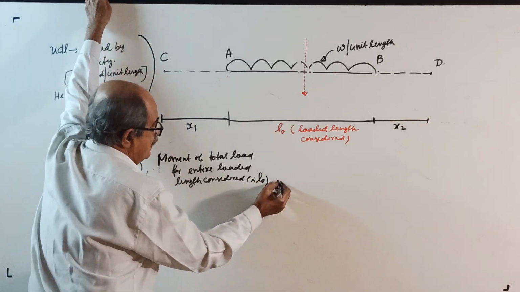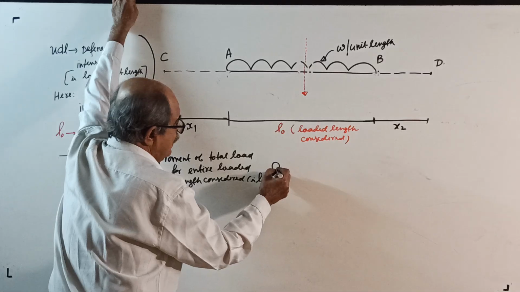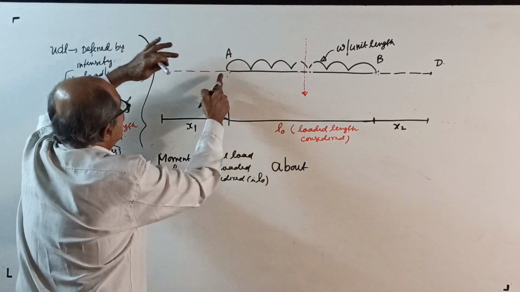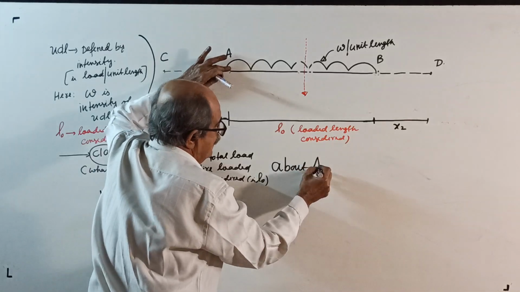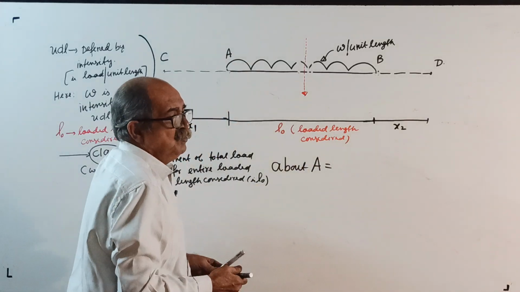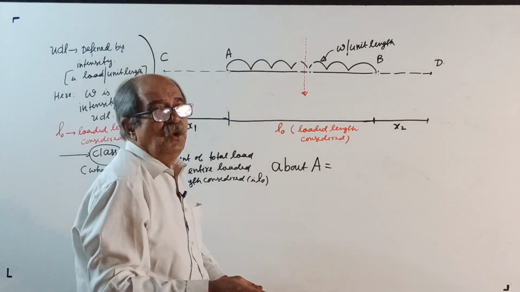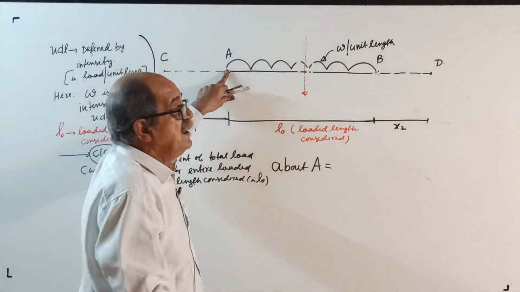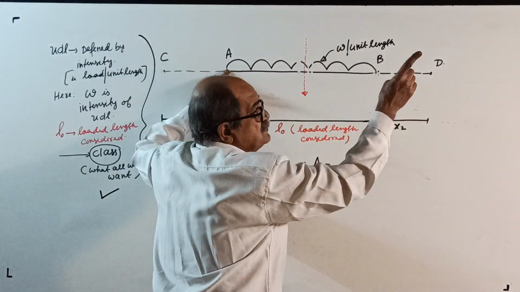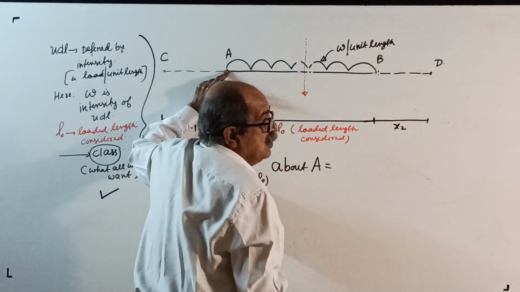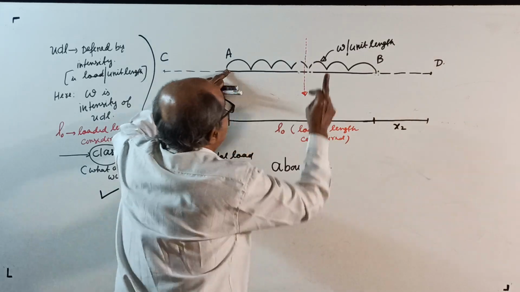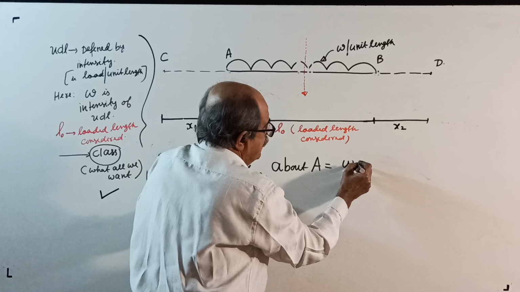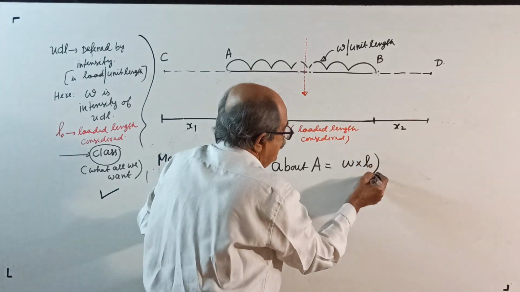That here, to save the time, about A equal to, see here. First, what you have to do? When you want to moment, your finger should be at A. Then, what you do is, first you should write total load considered. See, total load, W into L naught. There is a bracket. W into L naught is the total load.